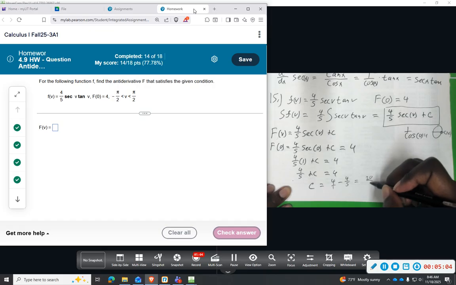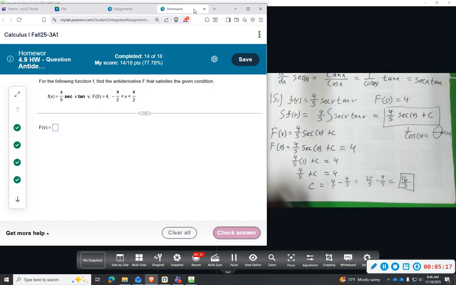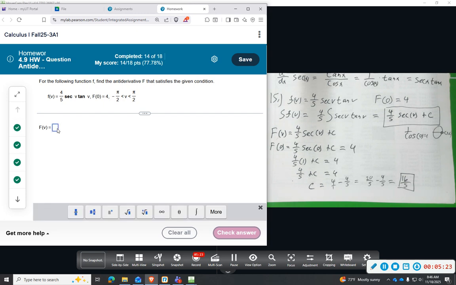This will be 20 over 5 minus 4 over 5, which gives us 16 over 5 for c. So first we want, f of v is going to be 4/5 sec v plus 16 divided by 5.